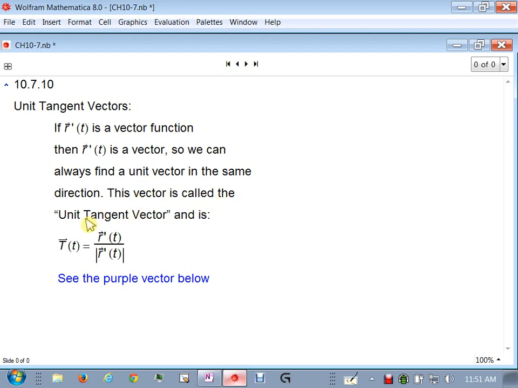So this is called the unit tangent vector, and here's what it is. Does this make sense that this formula would be what it is? Capital T of t, for us, means the unit tangent vector. And it's our tangent vector divided by its own length. And that's always how we've made a vector have length 1. We just scaled it by its own length. So there's really nothing new here.